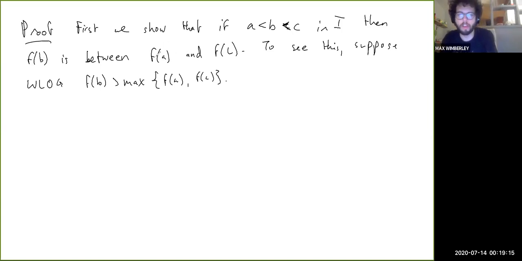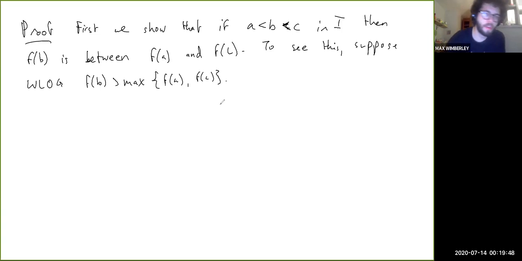We don't know which of these two values is bigger, but it doesn't end up mattering for the argument. And when we say it's not between them, it could be bigger than both of them, or smaller than both of them. But the argument for both cases is basically the same, just with some inequalities flipped around. So we're going to assume that f of b is bigger than both of them, and leave the other mirrored argument out for expedience.